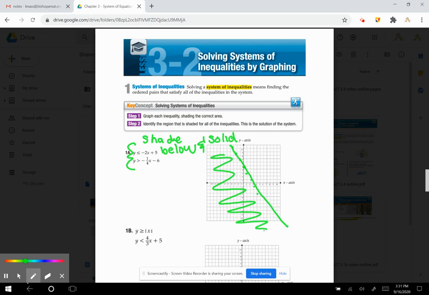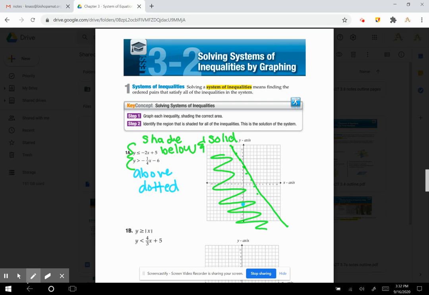Now, you should be using a pencil for this, because now we have to shade this one. y is greater than negative 1/4 x minus 6. So greater than, we're going to shade above the line, and we're going to have a dotted line. So here we go. Negative 6 is down here.